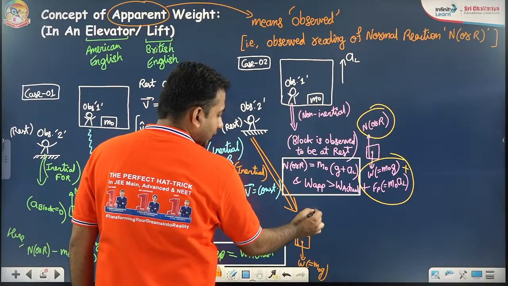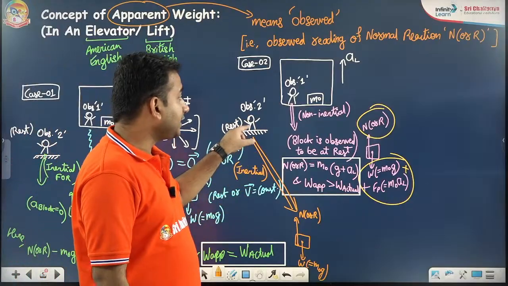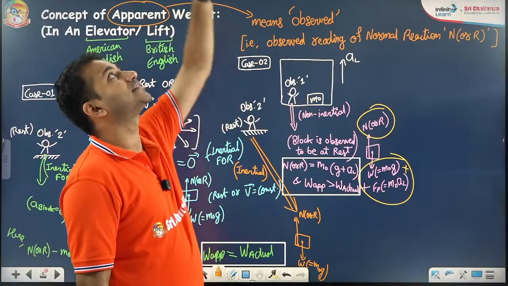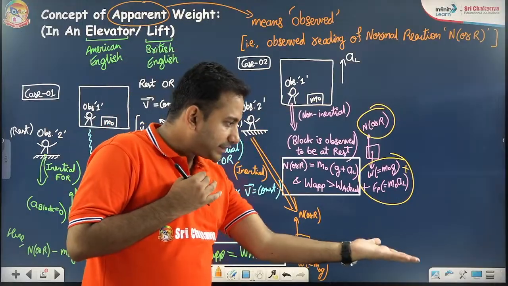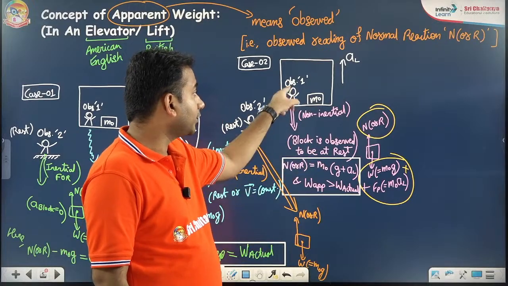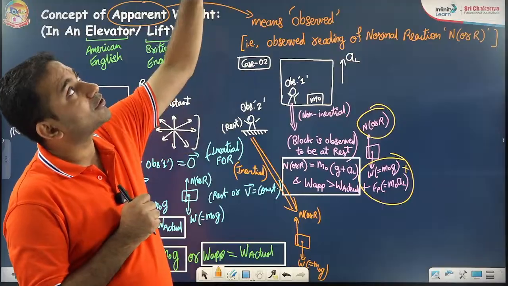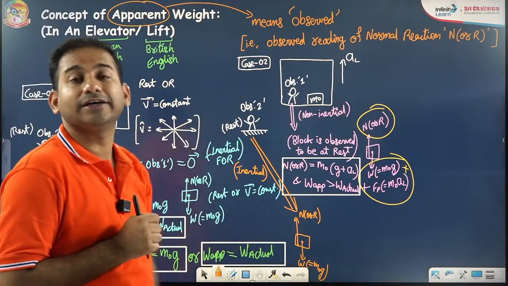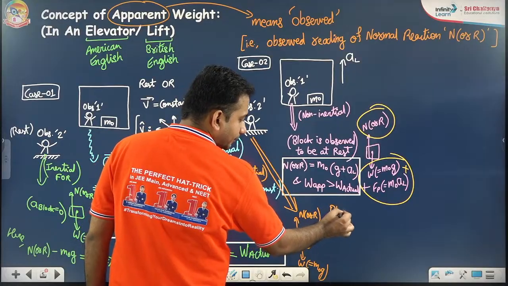There is no pseudo anywhere because the observer is not accelerated, and he observes that the block is accelerating up along with the lift. For observer 1, the block is always in front of him. So the block was observed to be at rest according to observer 1. But according to observer 2, who is standing on the ground, the block is accelerated up along with the lift. So the block is observed to be accelerated up.